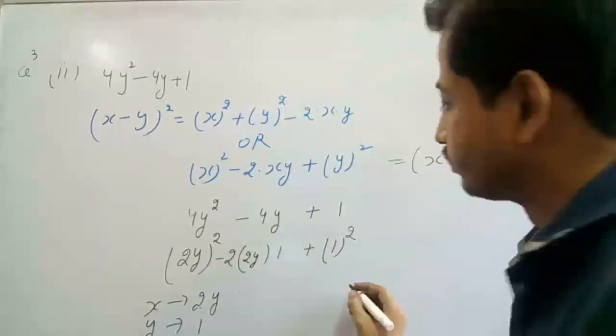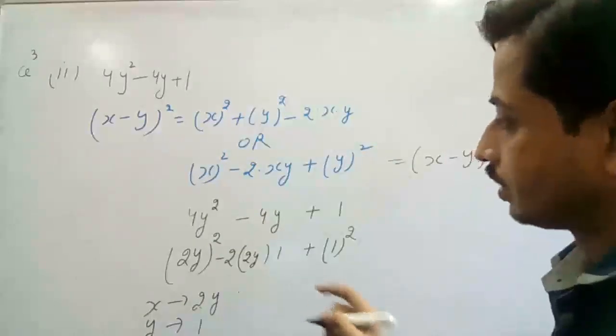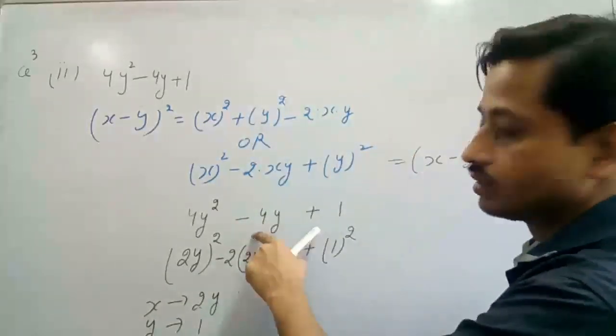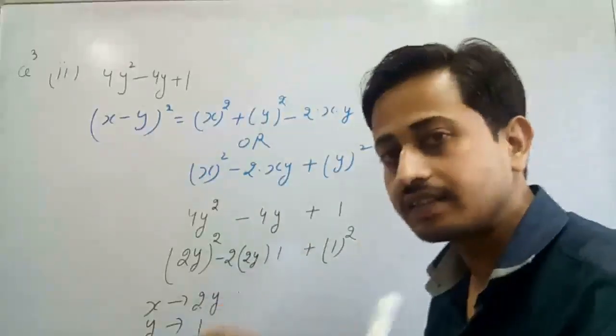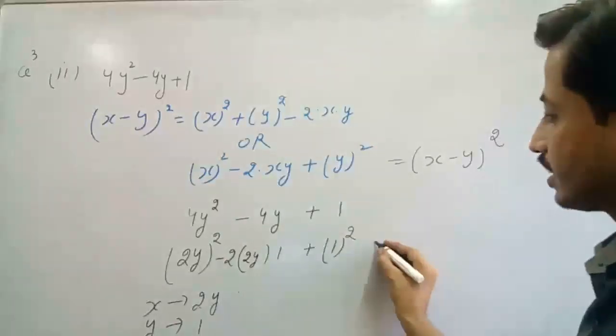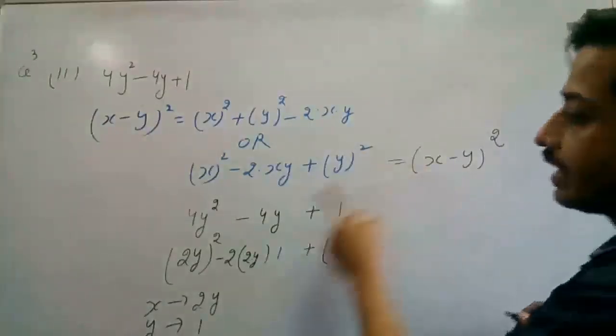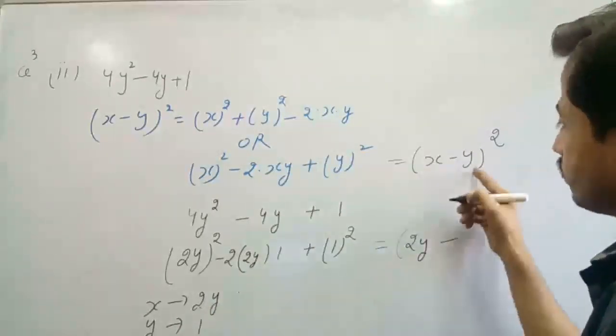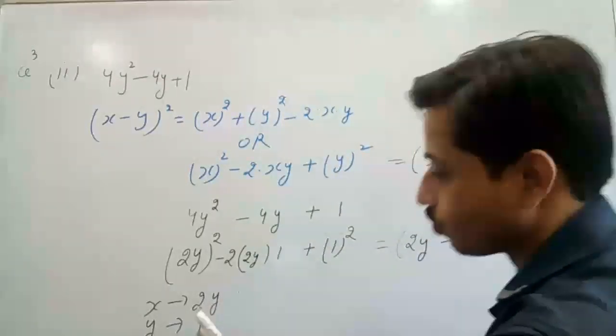So what do you get here? 2 into 2, 4y, and this is 4y. It means we get the desired identity according to our question. So what is the result equal to? This is x, and x in this case is 2y, minus y, where y is 1.